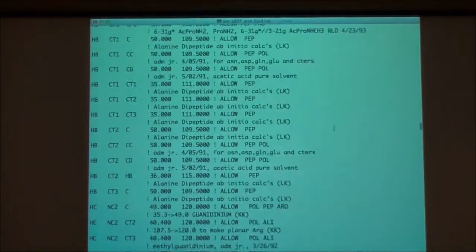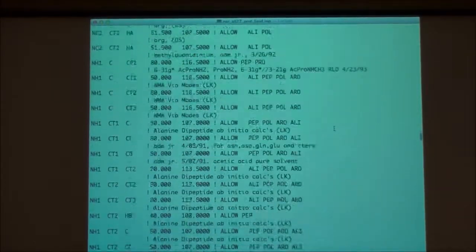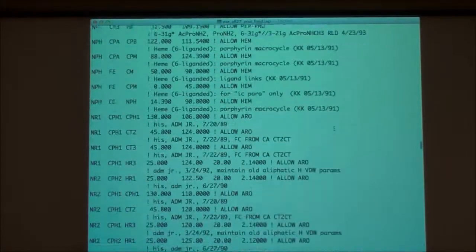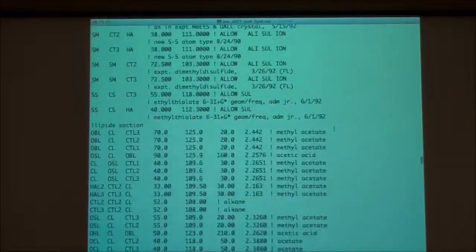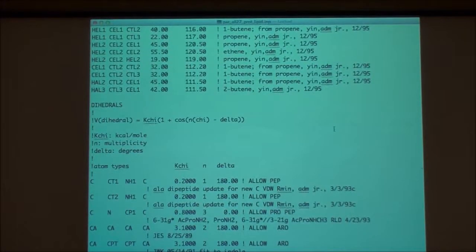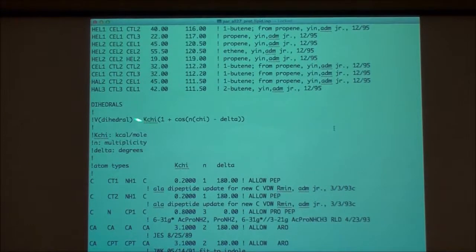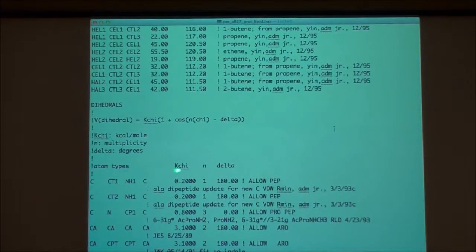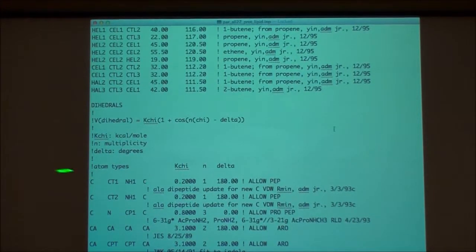And as you can imagine, you have a similar set of parameters for dihedral angles. Dihedral angles are described using a cosine function here. And for each dihedral angle, you need to have three parameters: force constant, periodicity, and the phase. And this is exactly what you have here for each set of four atom types.